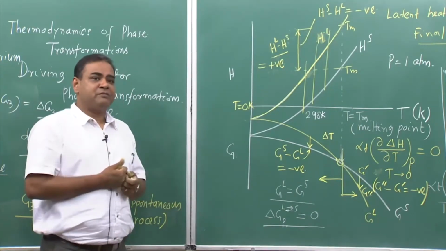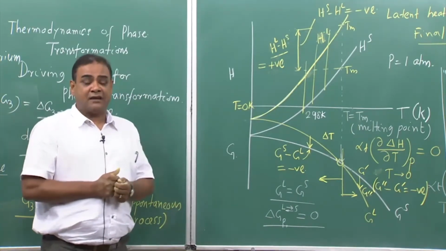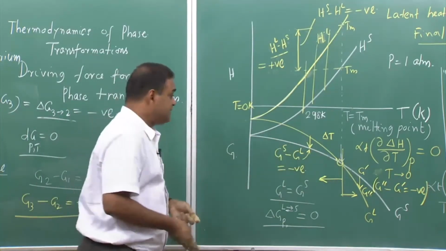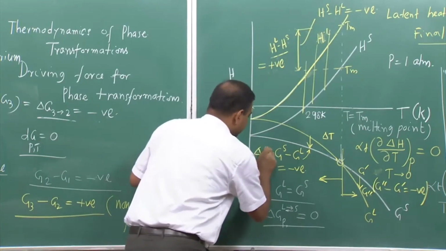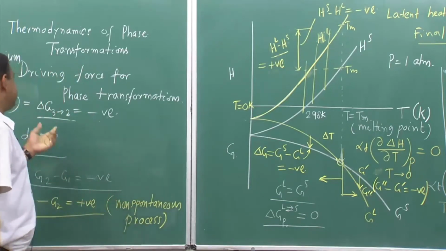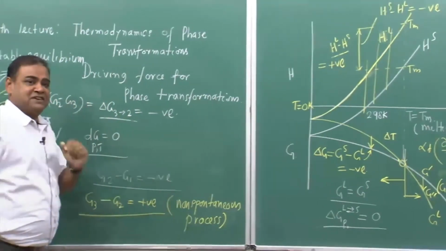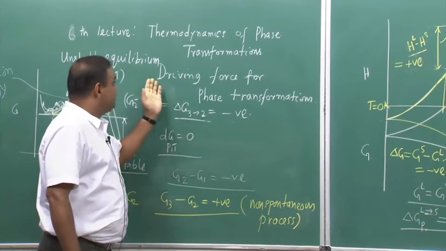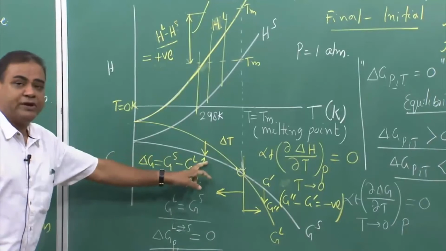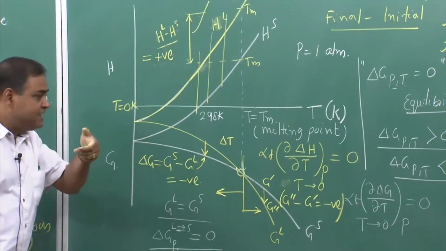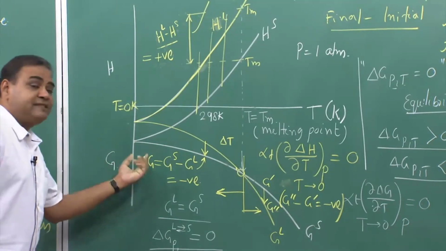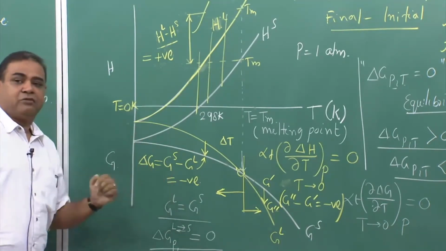That particular information would be critical to analyze, but at least from this information it is very clear that this becomes my driving force, and the driving force is nothing but the change in free energy. Now, I am coming to the driving force for phase transformation. Here the solid is forming from liquid, and that driving force is the change in free energy, which is a negative quantity.